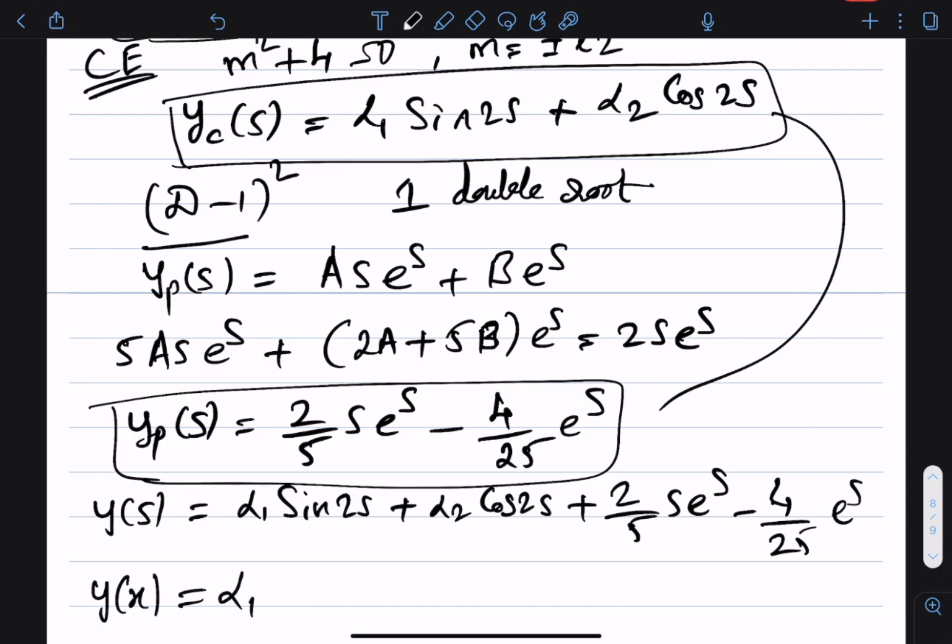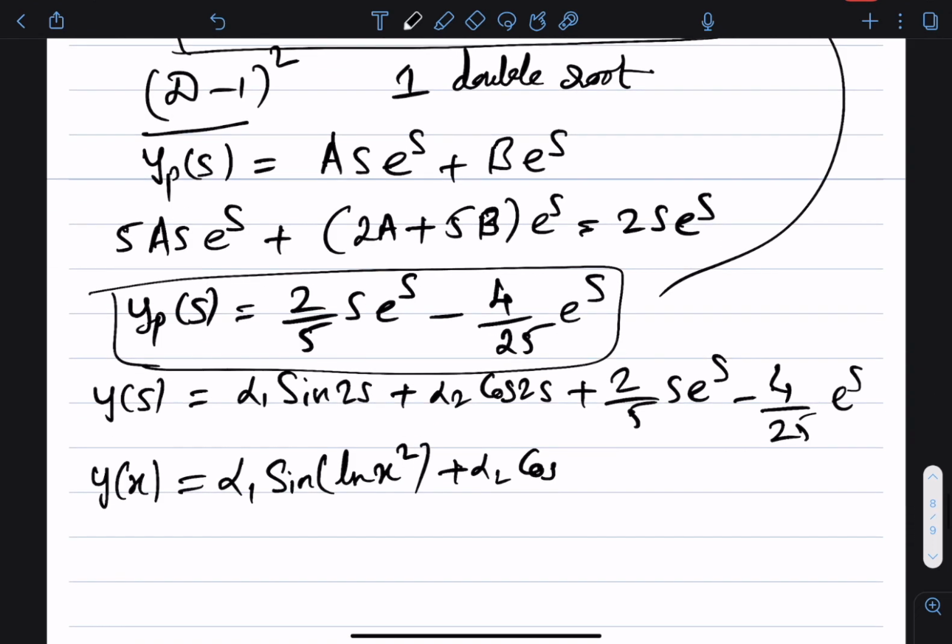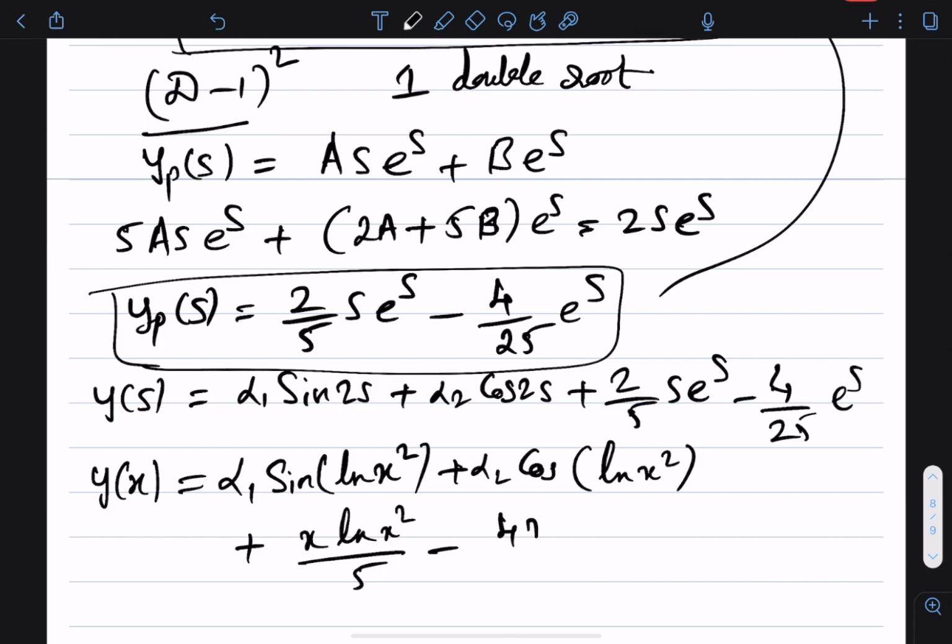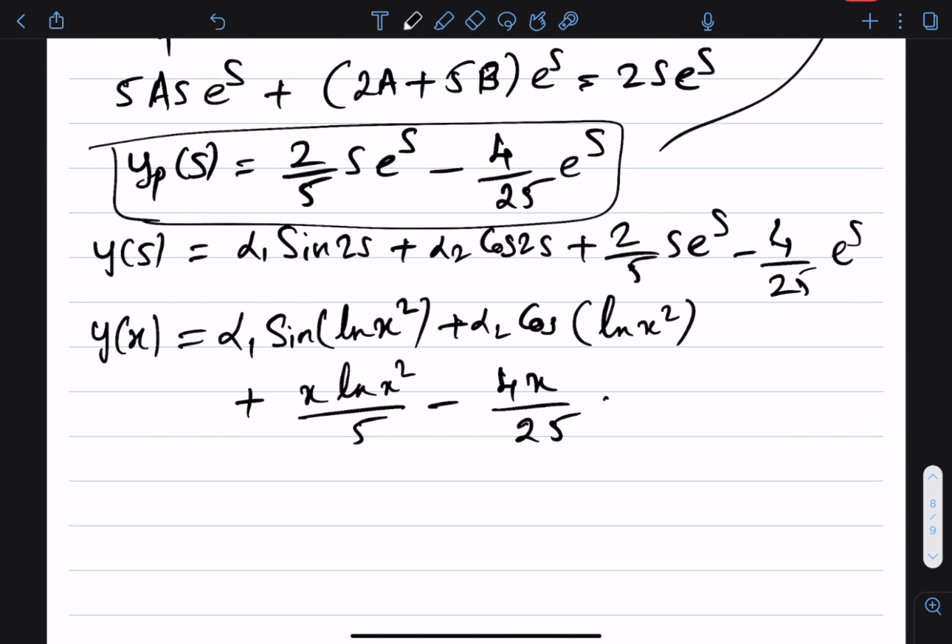So alpha 1 sine of 2 log x plus alpha 2 cos of 2 log x plus 2x log x by 5 minus 4x by 25, and that's your general solution for this problem.